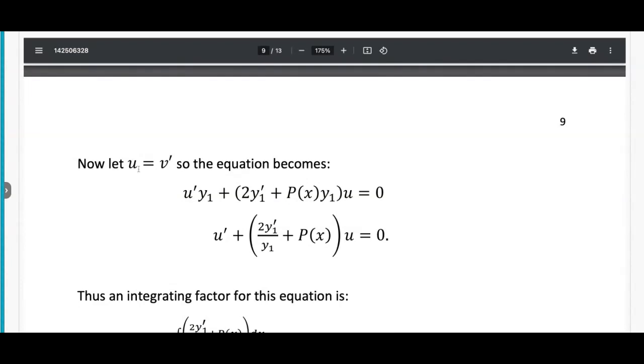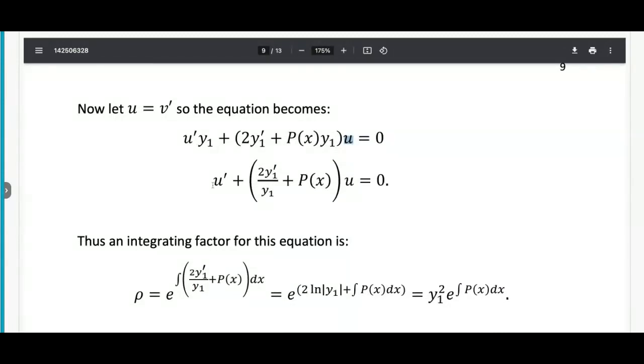So let's see, let u equal v prime. So the equation becomes u prime y1, because we have a v double prime, right? V double prime is now just u prime. And then this is 2y prime, p of x y1, so v prime becomes u.